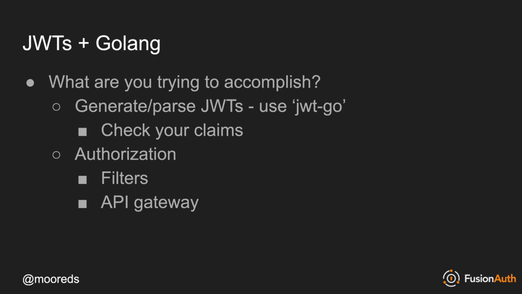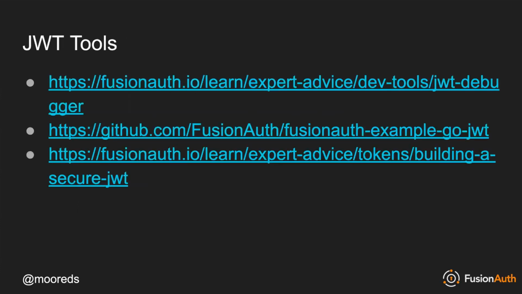And then as far as authorization, you can put it in a filter. It depends on where you're consuming this, but you can put it in a filter if you're using a web framework. I've also seen it done in an API gateway where all of the requests are routed into one central location that does the JWT validation, and then it forwards the requests on.